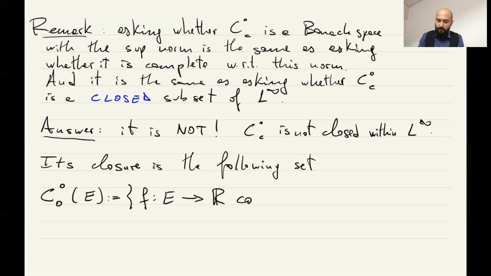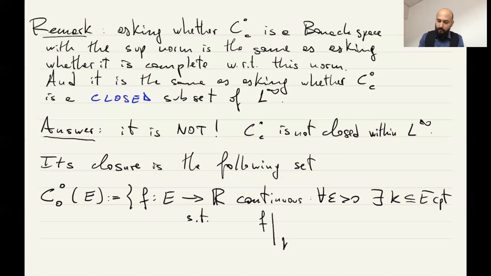So we consider continuous functions with the property that for every epsilon, there exists K in E compact such that if I consider f restricted to the complement of this compact set, it's not 0 necessarily, but its absolute value is less than epsilon, where this compact might depend on epsilon.